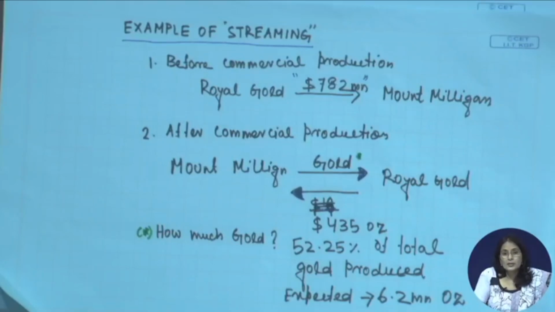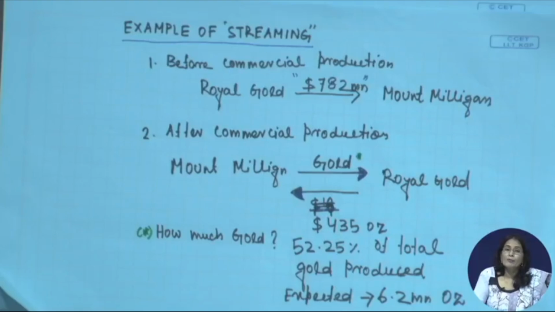Royal Gold has paid $782 million to Mount Milligan, the owner of the Mount Milligan mine, that is Thompson Creek. To Thompson Creek, Royal Gold has paid a $782 million upfront fee before this particular mine has gone into commercial production, and Mount Milligan has used this $782 million for development of the mine.